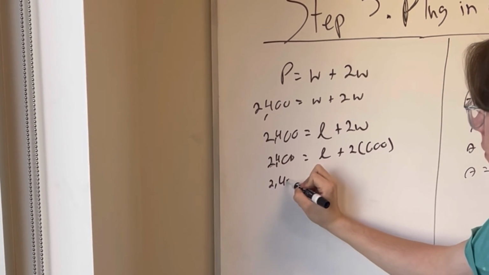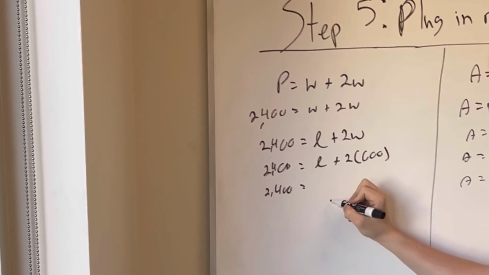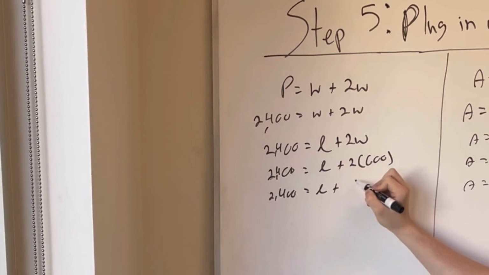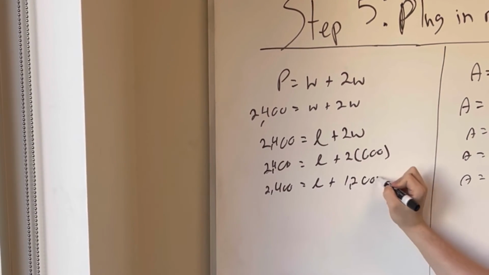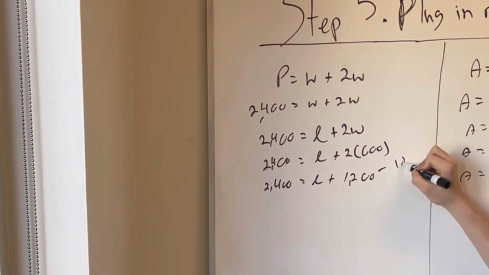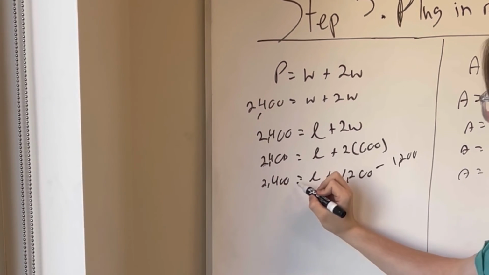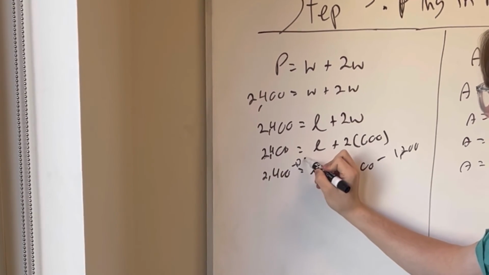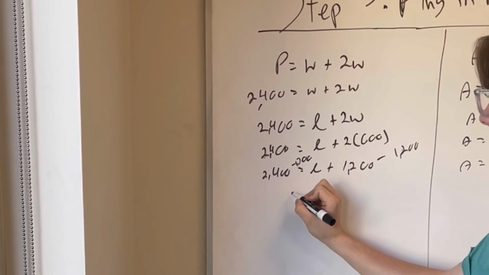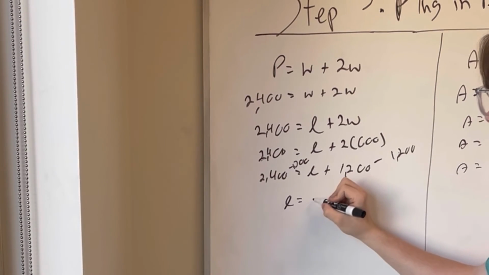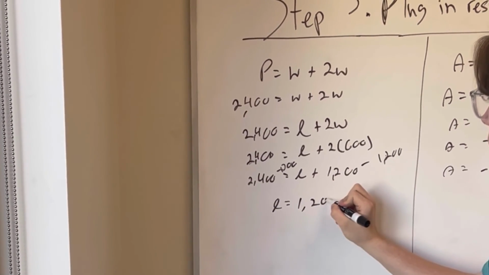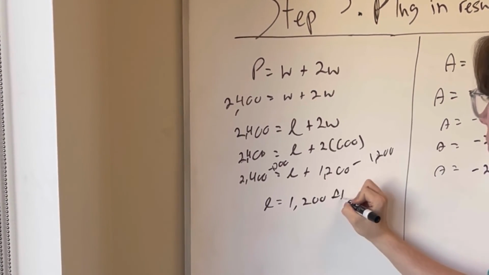So 2,400 equals L plus 1,200. If we subtract 1,200 from both sides, we get L equal to 1,200 feet.